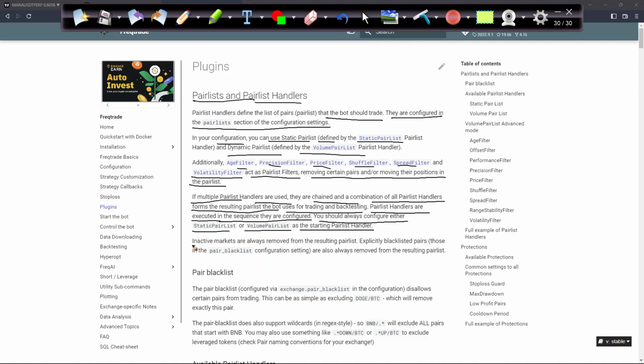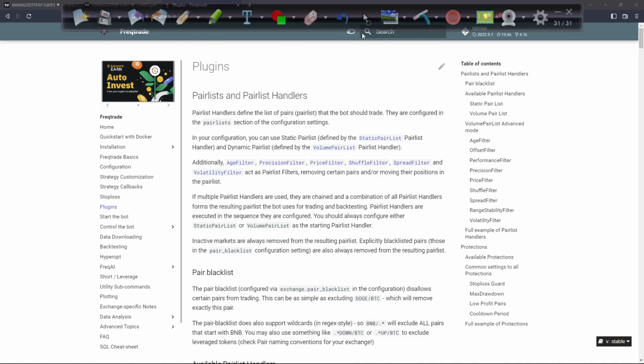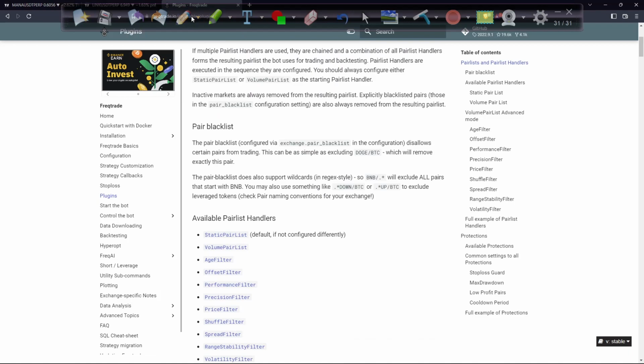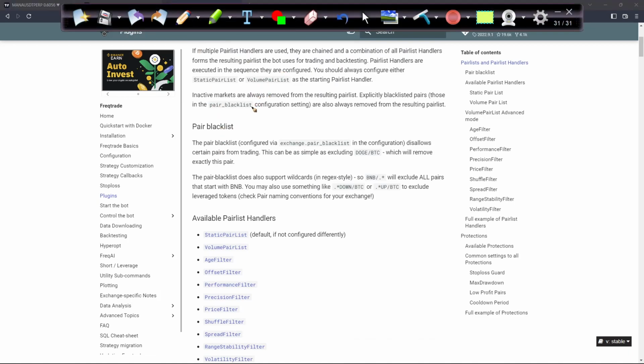Inactive markets are always removed from the resulting pair list. Explicitly blacklisted pairs, those in the pair blacklist configuration setting, are also always removed. So for a blacklisted pair that we don't want to trade, we just add it to our pair blacklist.